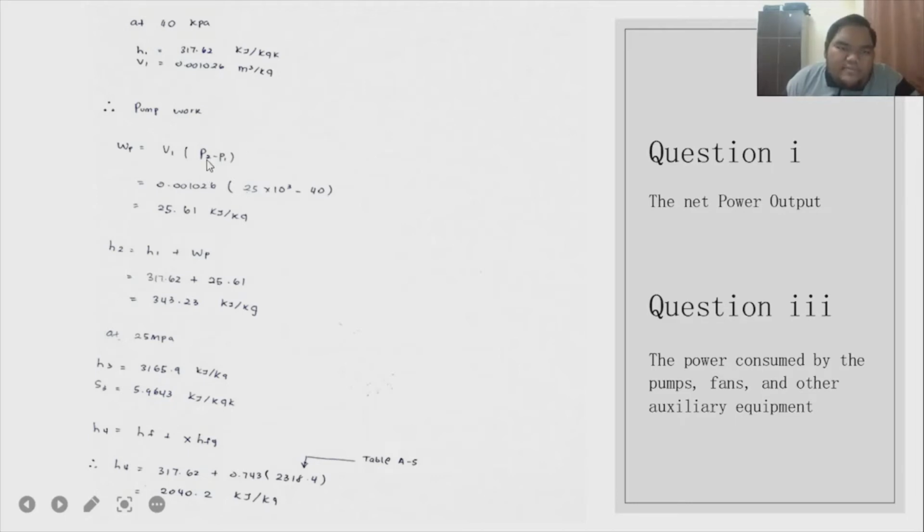And P2 we got from the previous slide, which is 250 bar or 25,000 kilopascal, minus P1, which is 40 kilopascal. So we got 25.61 kilojoule per kg. Thank you.